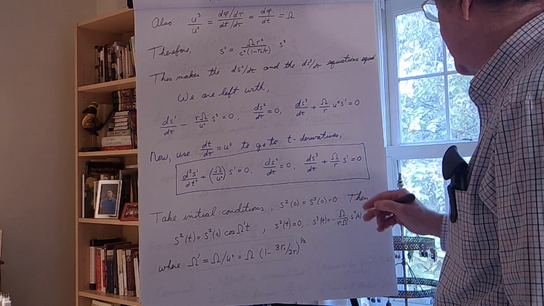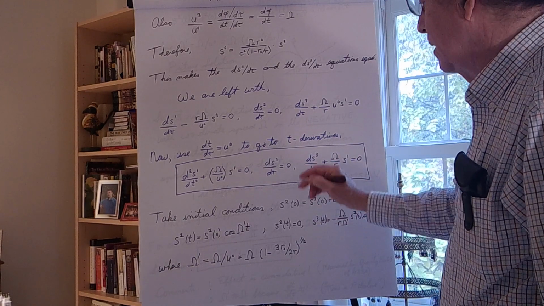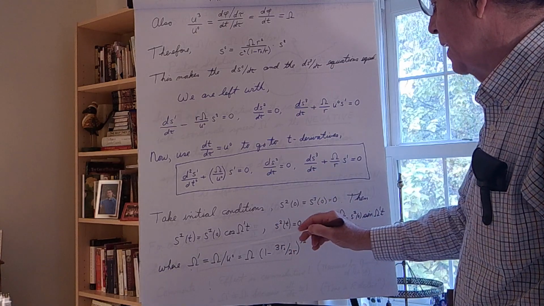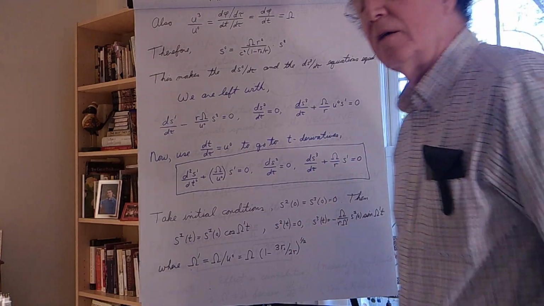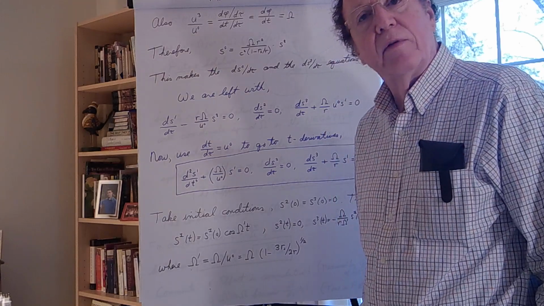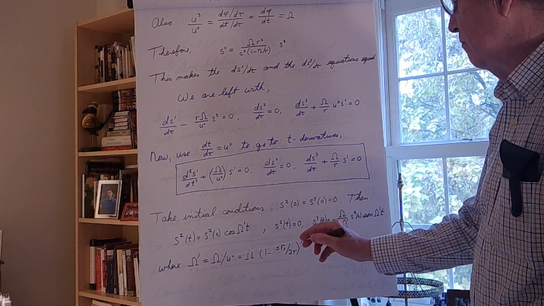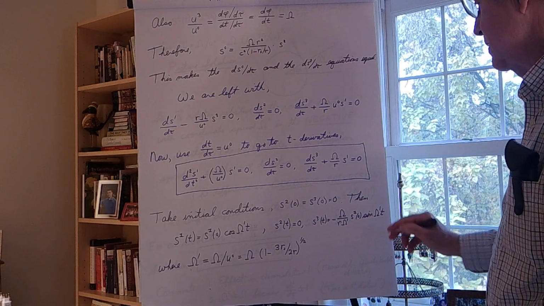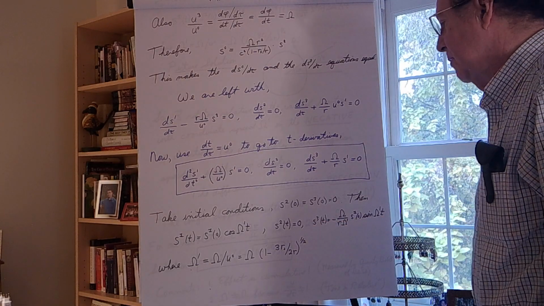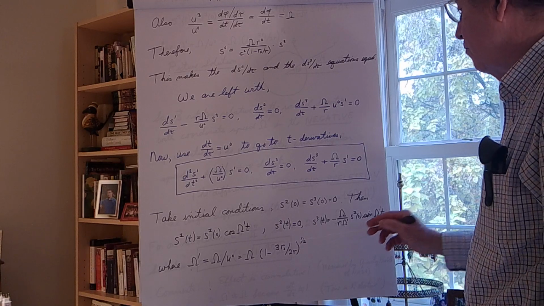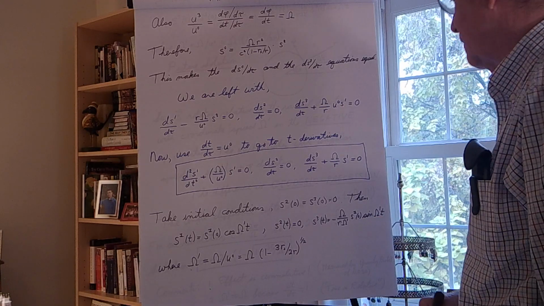So I call that omega prime, by definition. Omega prime is omega over u naught, because that's the angular frequency of the precession of the spin. That's what the equation tells me. And then I can write it down. I know what u naught is, and I can see the formula here with the famous 1 minus 3 over 2 Rs divided by R.